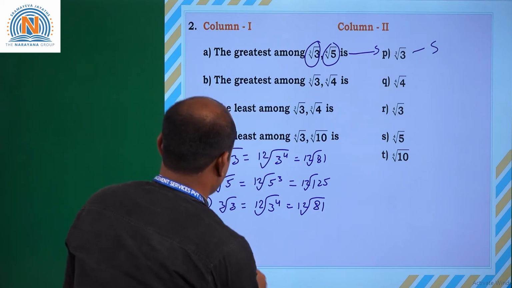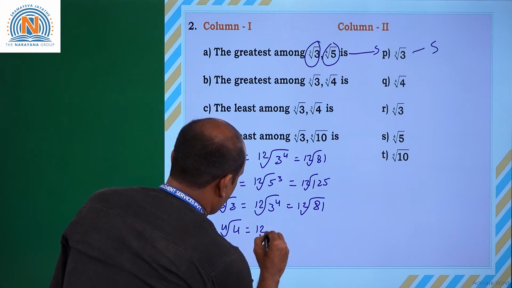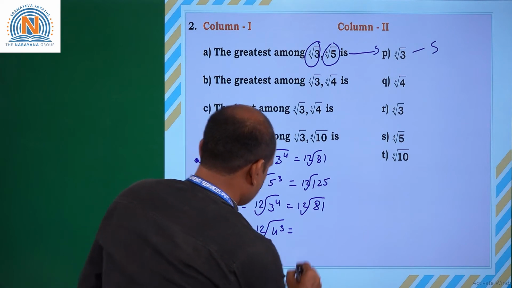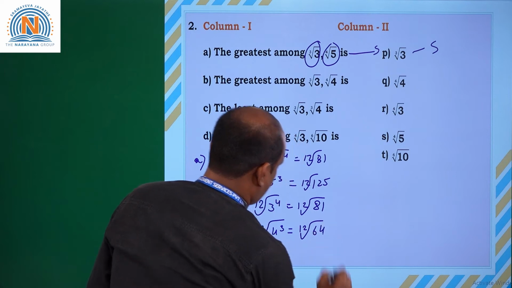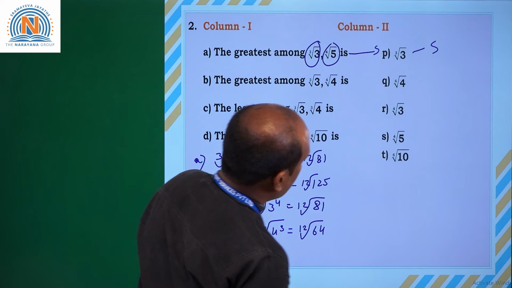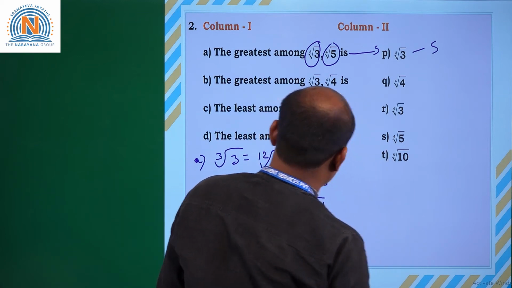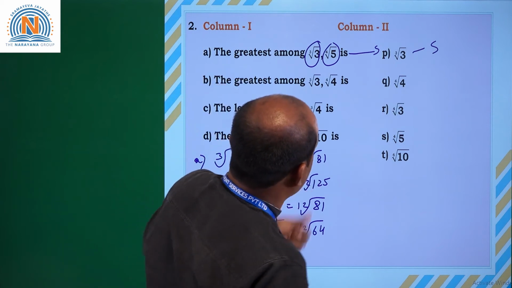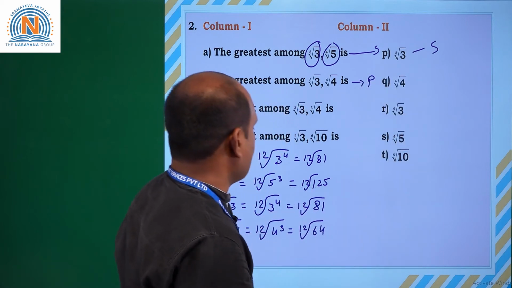Now fourth root of 4 is nothing but 12th root of 4 cube, that is equal to 12th root of 64, right? So which one is the greatest one? This one is the greatest one. So cube root of 3 is the greatest one. So cube root of 3 means which option? P, right? So for this B, P is the correct answer.